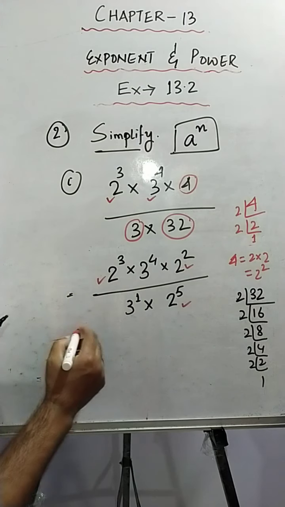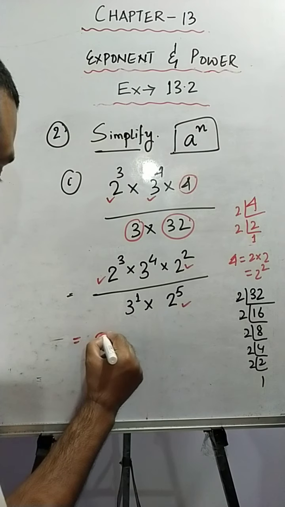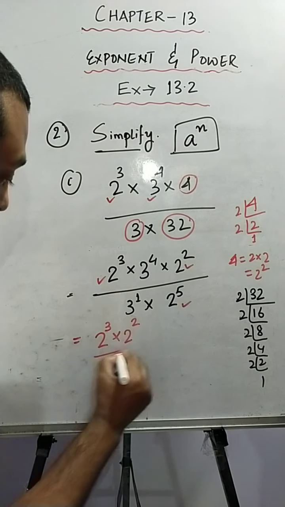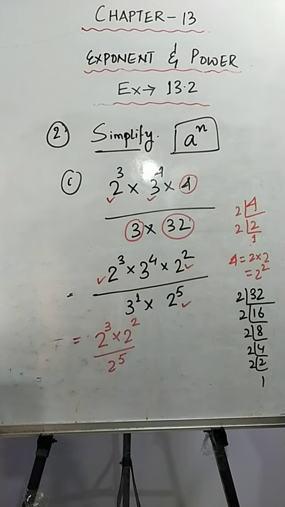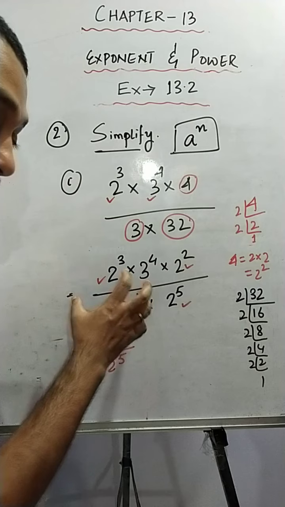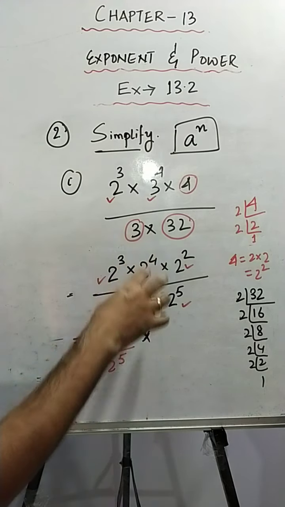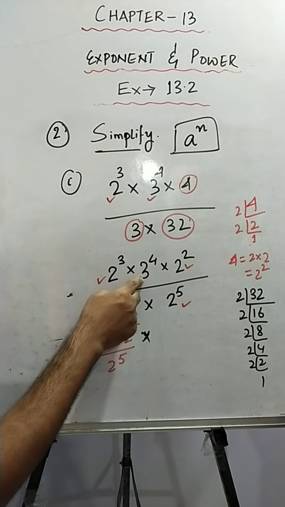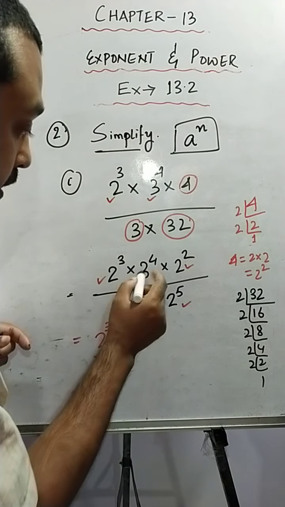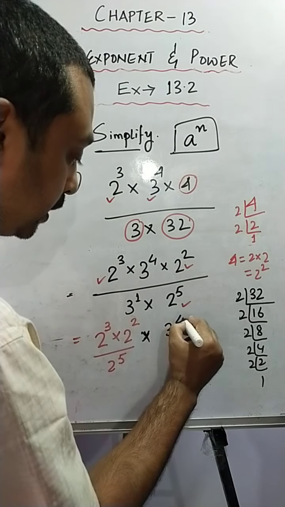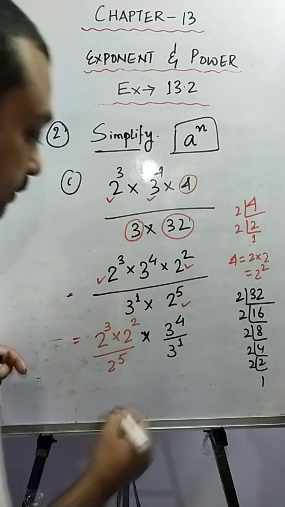So we'll keep all together, that means 2 to the power 3, 2 to the power 2 and 2 to the power 5. We just made a group. Same way we will make a group of those exponential forms where the base is 3. These two are carrying base 3, so we'll keep them separately.